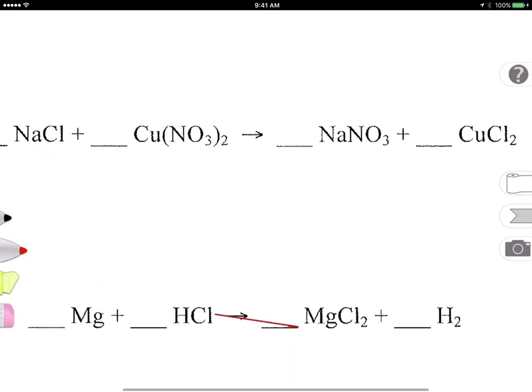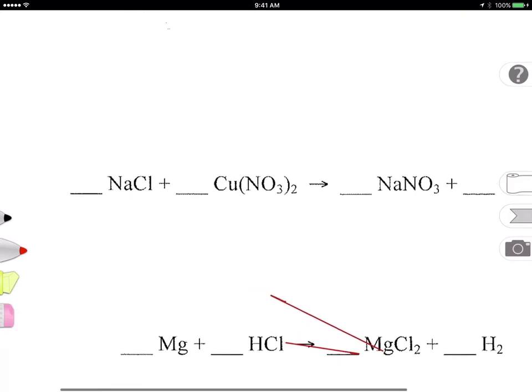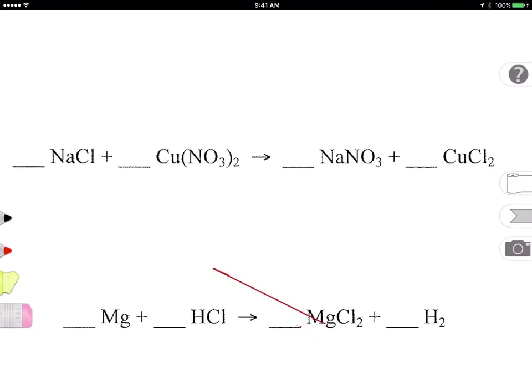So starting off here, okay, get rid of these wacky lines that just appeared. I am dealing with sodium, chlorine, copper. Now, the lovely NO3. NO3 is nitrate. It's a polyatomic ion.